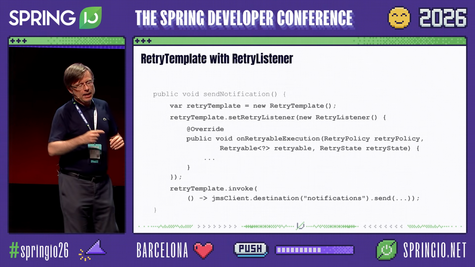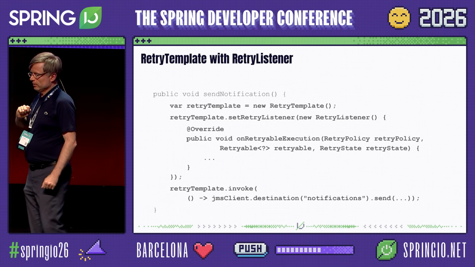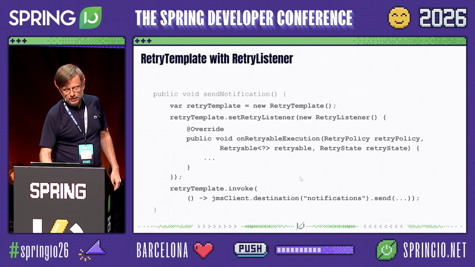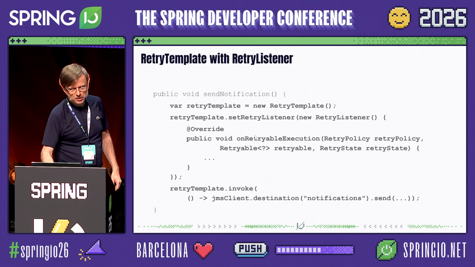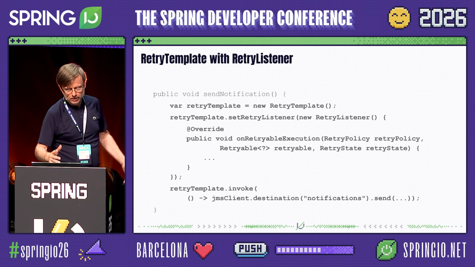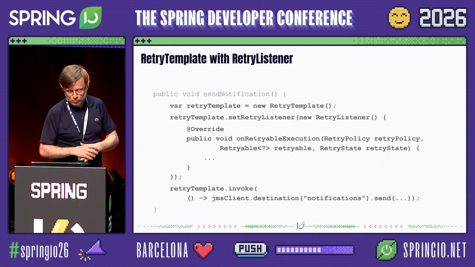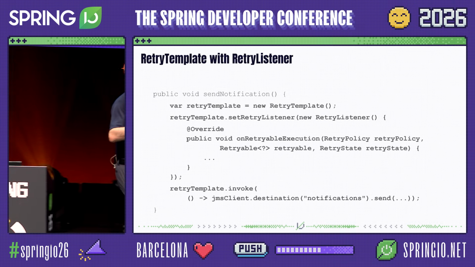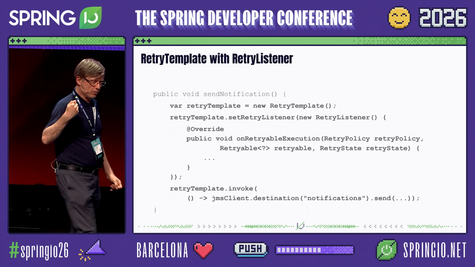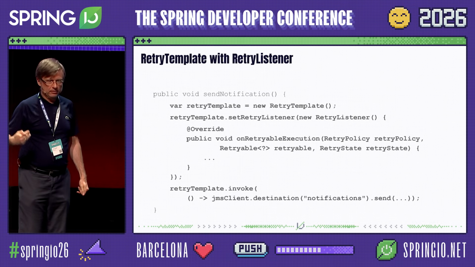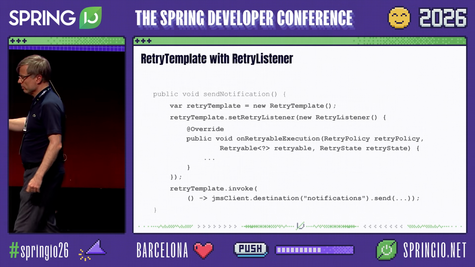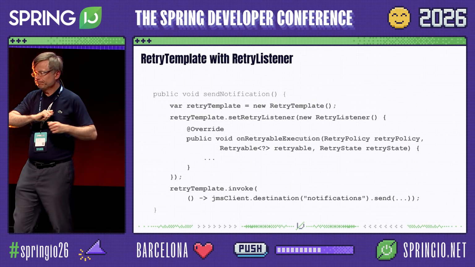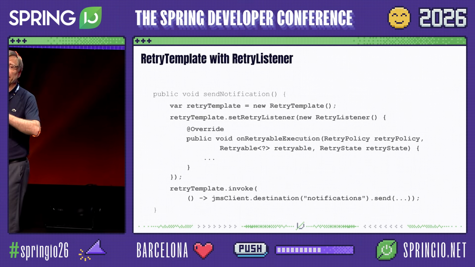and specifying a retry listener on the retry template, allowing you to get a callback. This is just one of the retry listener methods, but it's maybe the most useful or the most common one. You can get a callback for every retriable execution. So every time we fail, we can get a callback and see, okay, let me log this, let me forward it to some monitoring as it happened, right?